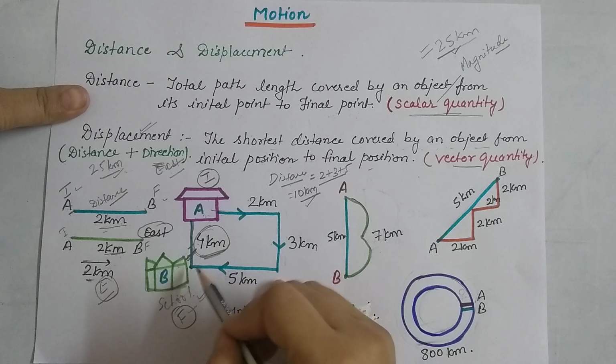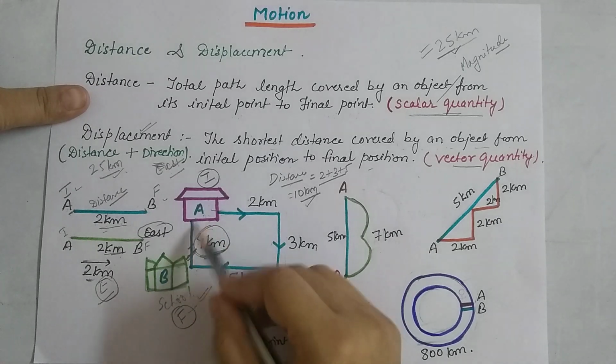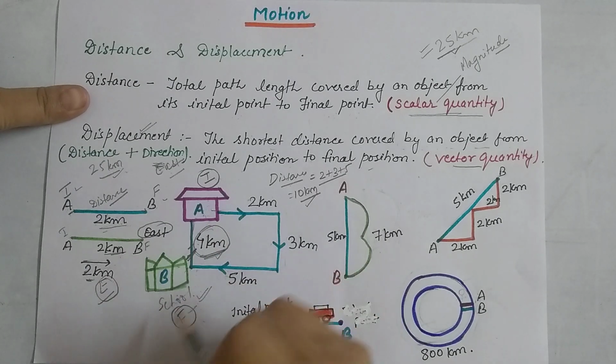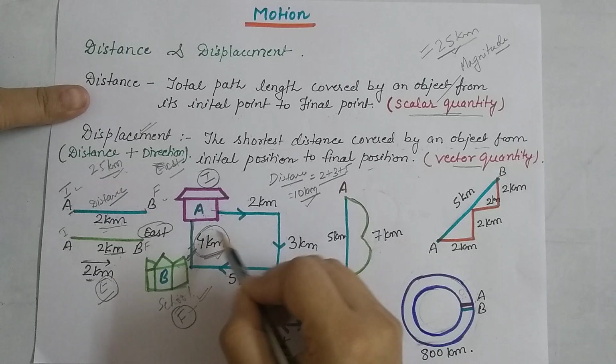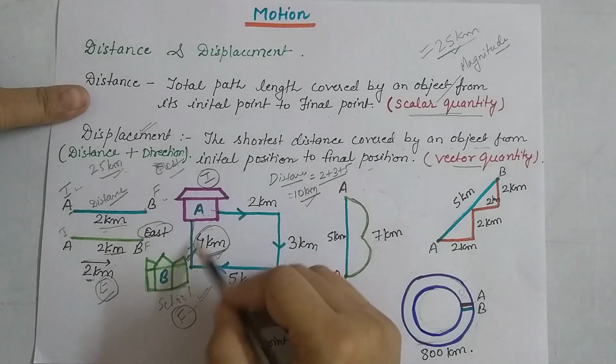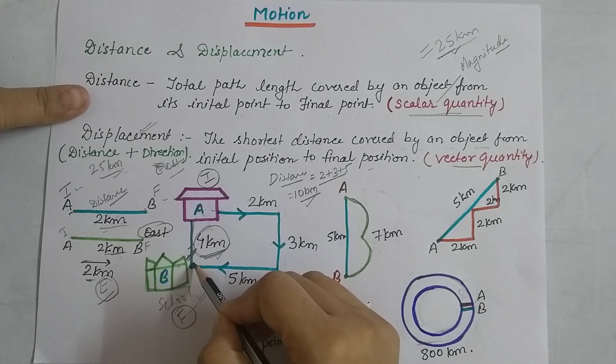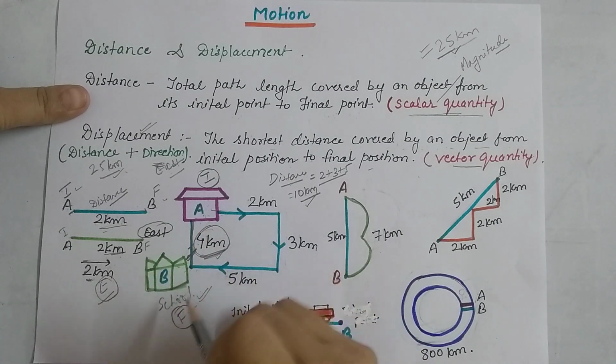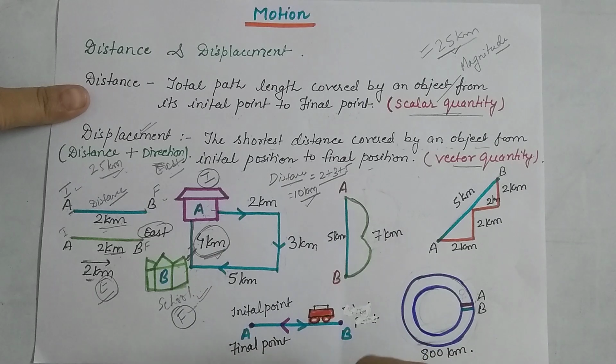But the displacement shows the shortest path between your school and the house. And it also shows the direction in which you are moving. So this is all about distance and displacement in this figure.